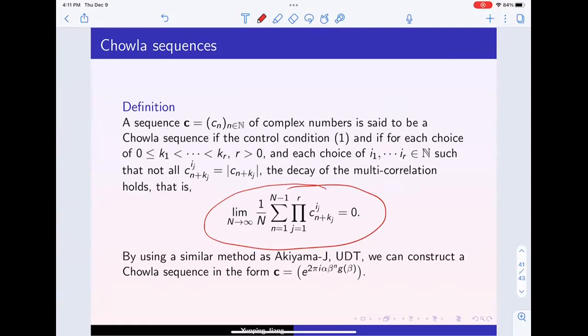We still don't know whether the Möbius function is a Chowla sequence or not, but the point is you can use a construction similar to what I mentioned before to construct, from the dynamics point of view, a Chowla sequence.